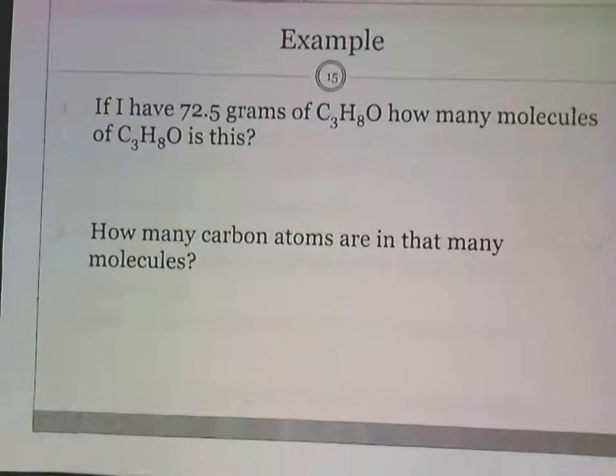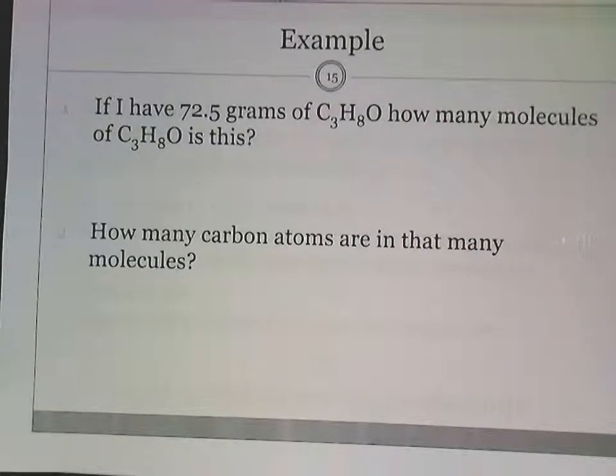All right, since we've done problems like this before, I'm just going to let you loose on it. You can work with the people around you if you want moral support. But let's say you have 72.5 grams of C3H8O, or tricarbon octahydrogen monoxide. How many molecules of tricarbon octahydrogen monoxide would you then have?